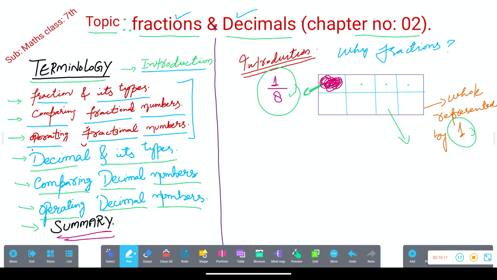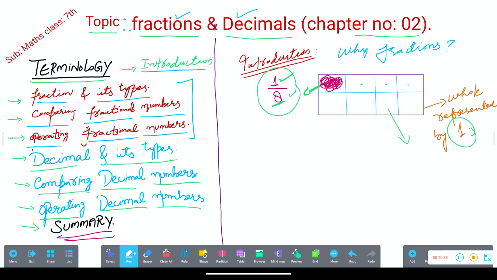Because it means out of 8 parts, we have focused on a single part. That means something has been divided into 8 parts, and you have taken into consideration one part out of the 8.